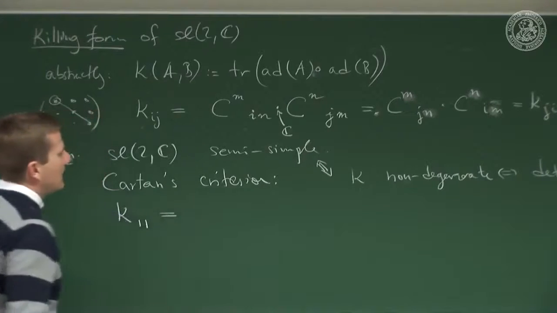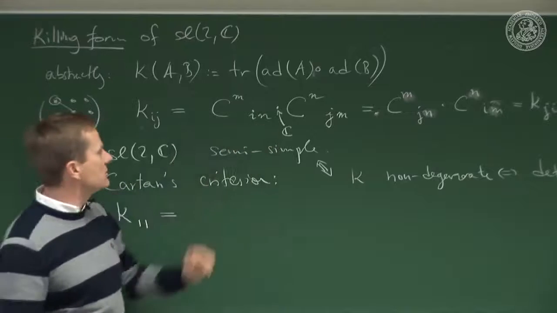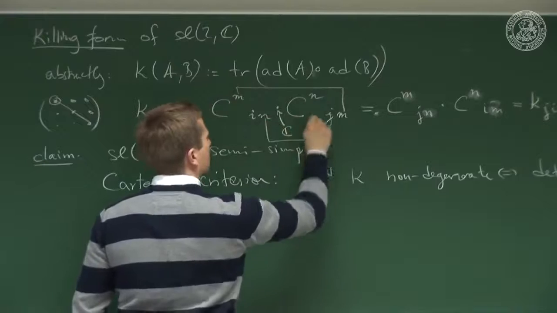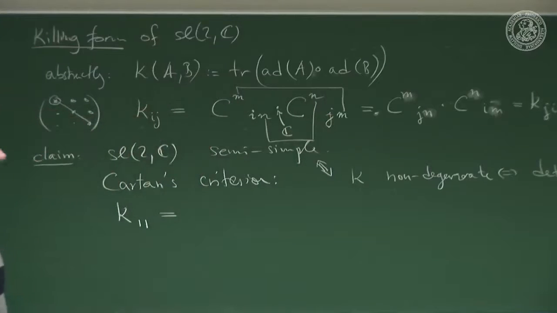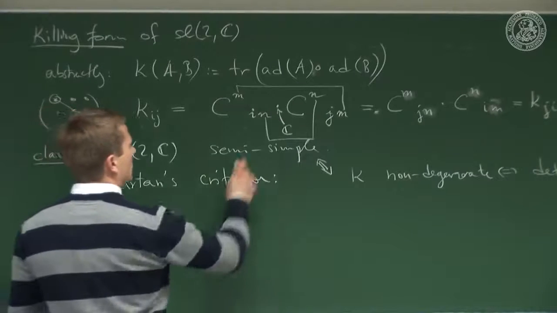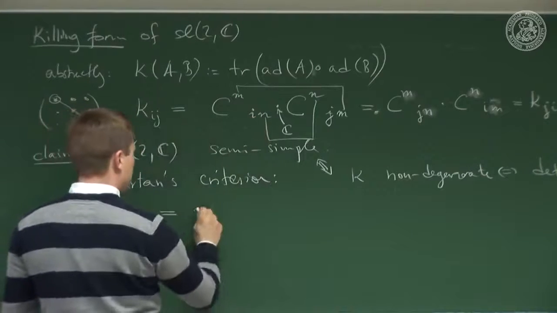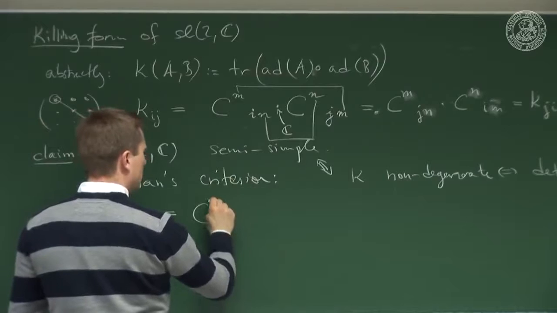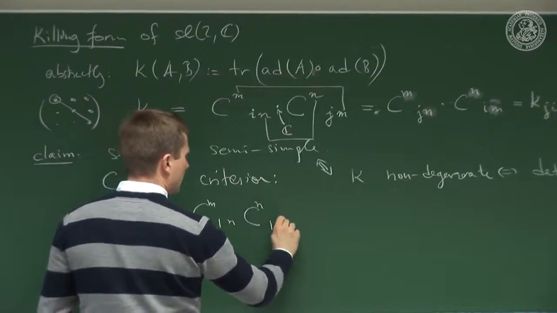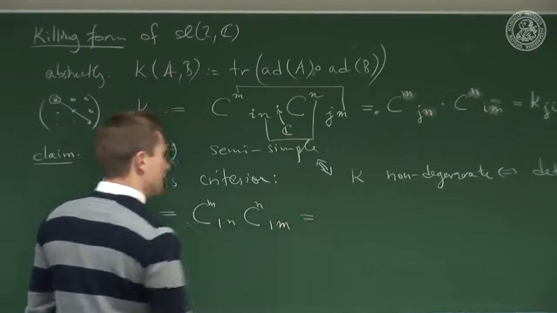What is K11? Well, it's just a disciplined execution of the Einstein summation convention. You have a summation here, you have a summation here. The best advice is to do this step by step. So plug in the ij, so you have a C1 mn, C1 nm. And now we have 2 summations.